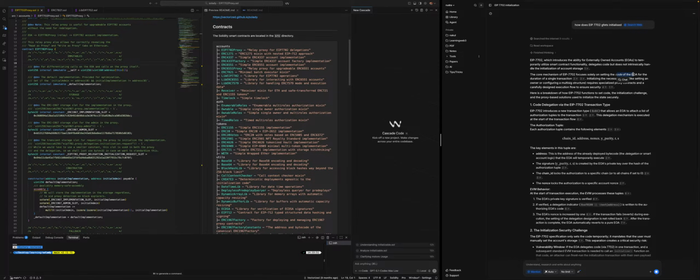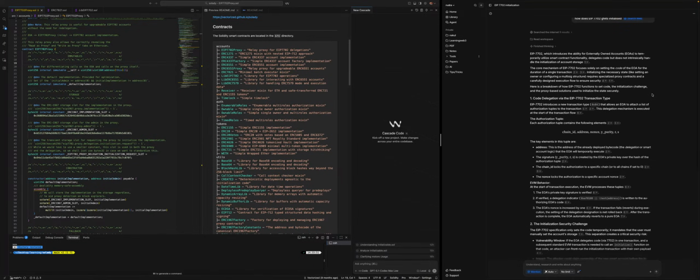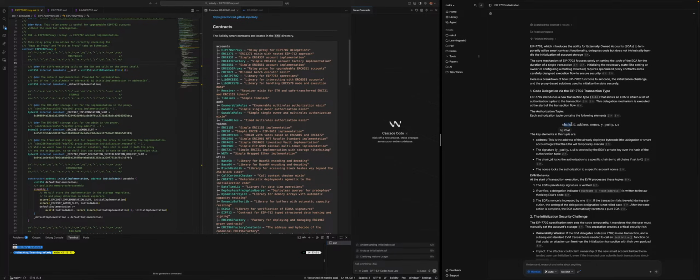Code of the EOA for the duration of a single transaction. A chain ID you pass, the address, the non address is the one you are dedicating to.